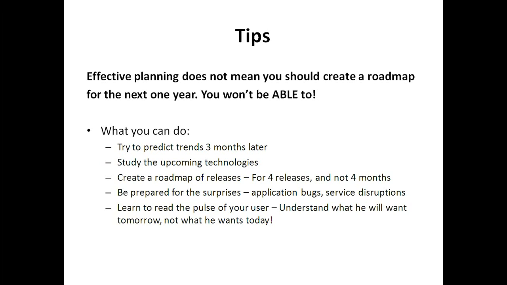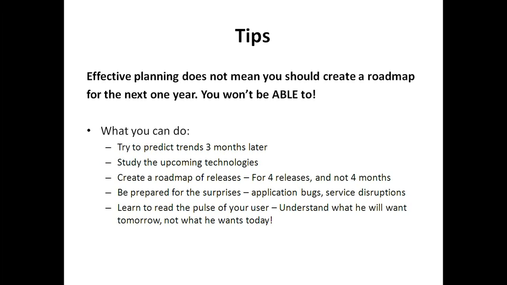Like I said, BBM came in, in-app came in, NFC came in. So you keep yourself updated with the new offerings by every app store. Keep studying the technologies that are coming up every day and keep thinking about how you can use that in your apps. Create a roadmap of releases.